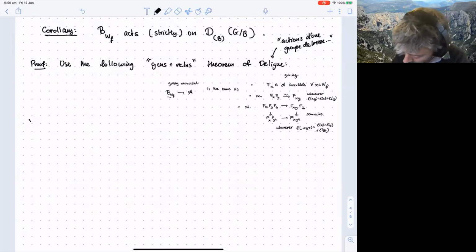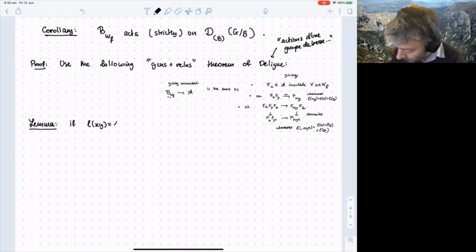So lemma: if L of xy equals L of x plus L of y, then delta x convolved with delta y is isomorphic to delta xy canonically.